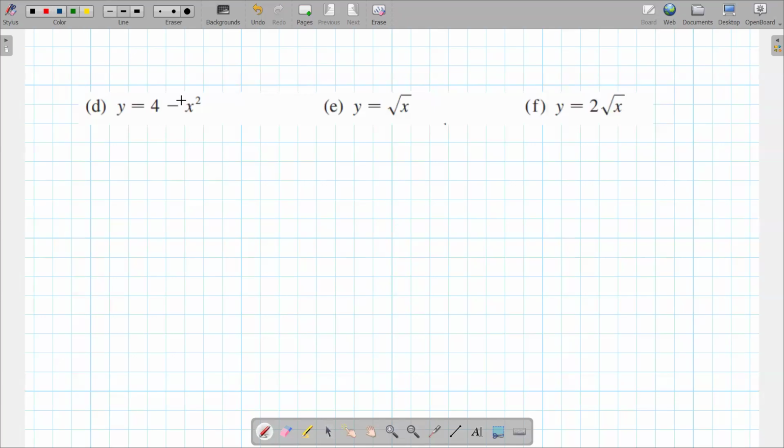Four minus x squared. What does this look like? I'll give you a clue. You can rewrite that as negative x squared plus 4, which is way easier to see.